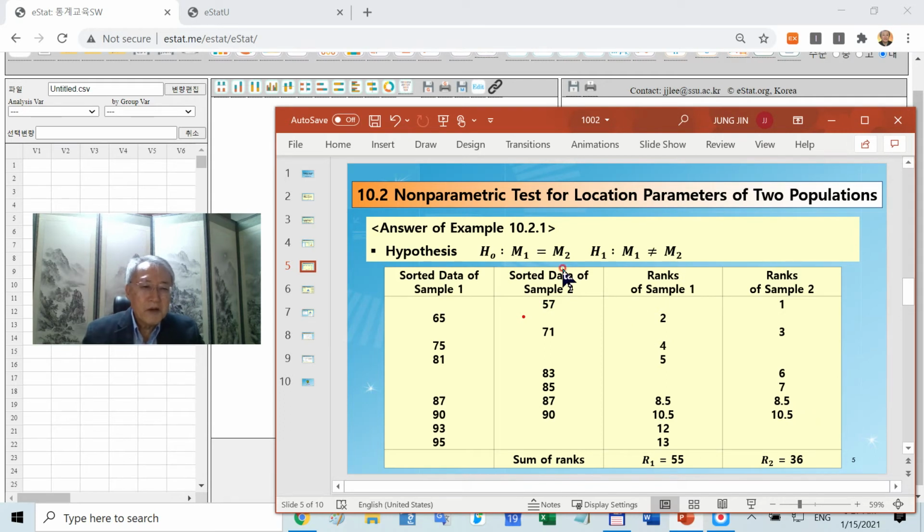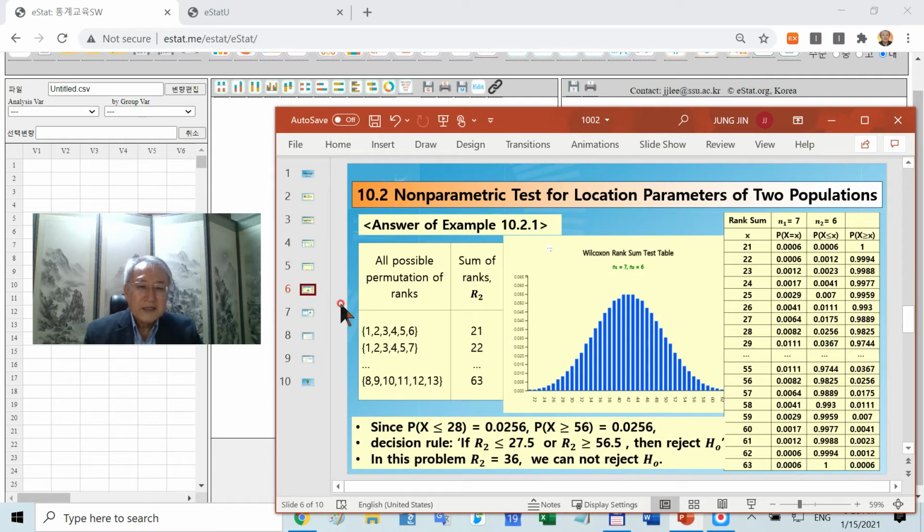Suppose the two population medians, one measure of central location, are equal. We expect the rank sums of these two would be similar. If there is a big difference, that's the sign that you can reject H0.